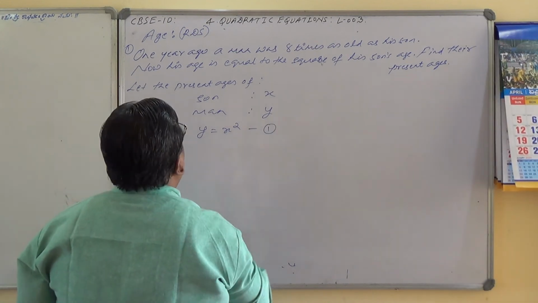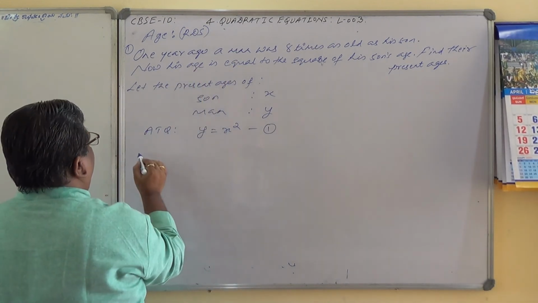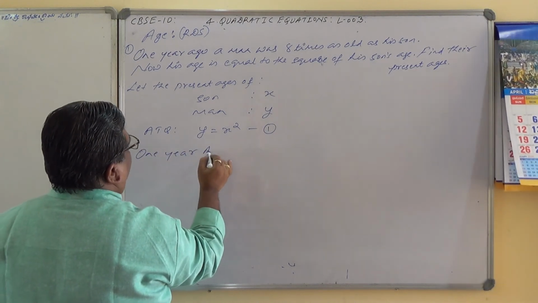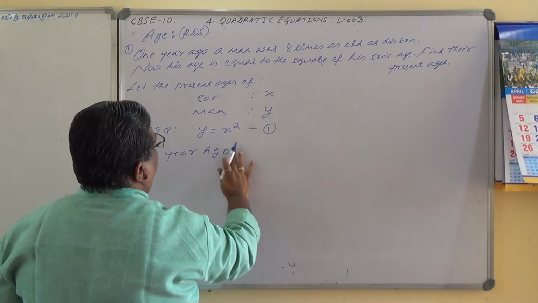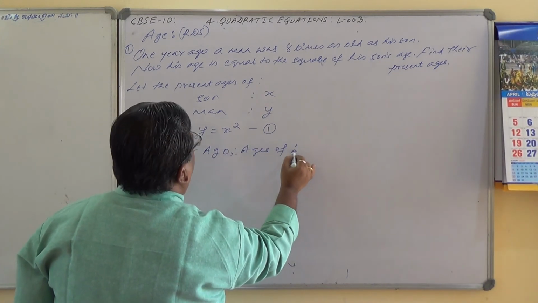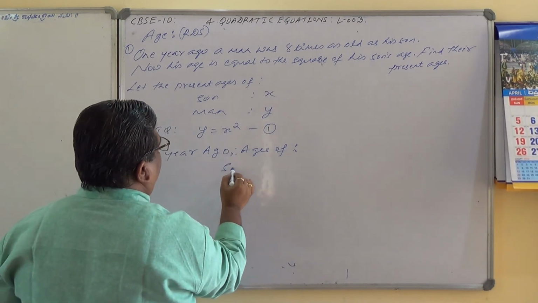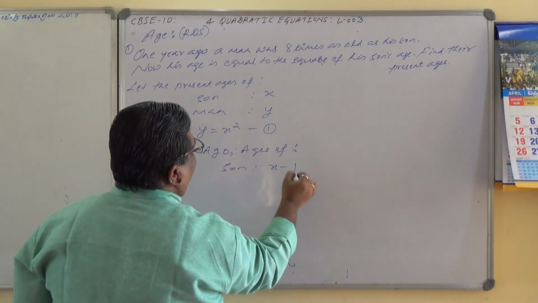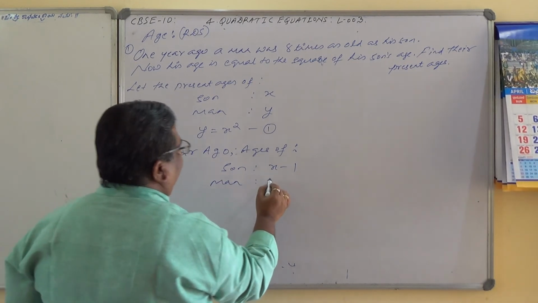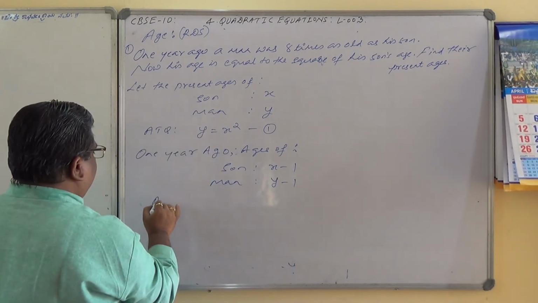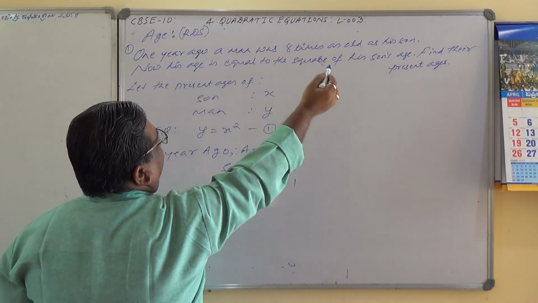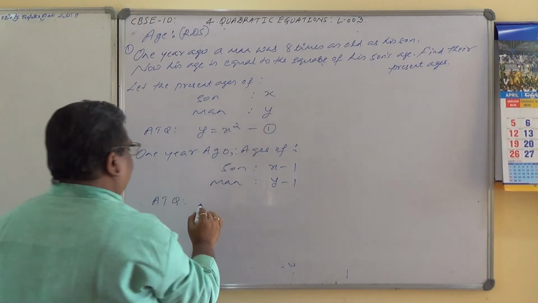Mark this one. 1 year ago, ages of son x minus 1, man y minus 1. According to question, 1 year ago a man was 8 times as old as his son.